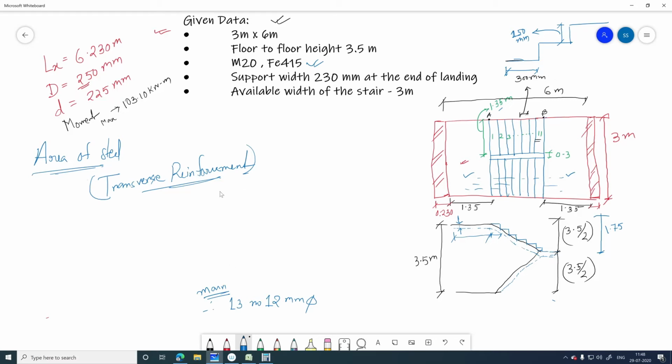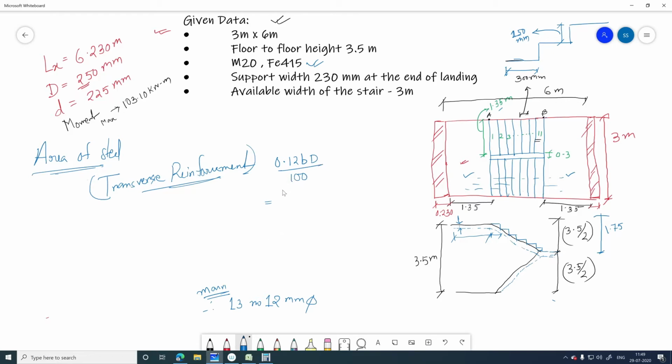Here we also need to determine the value same as before, that is 0.12 BD by 100 for the torch steel, and for the mild steel it is 0.15 BD by 100 as per given in the code.